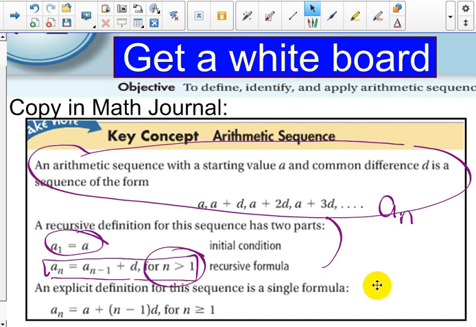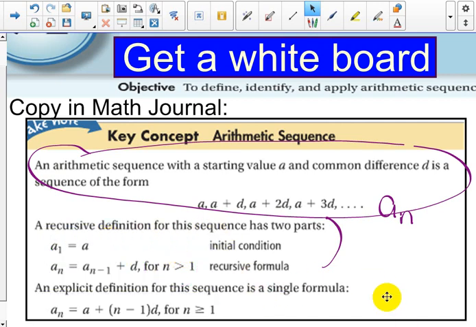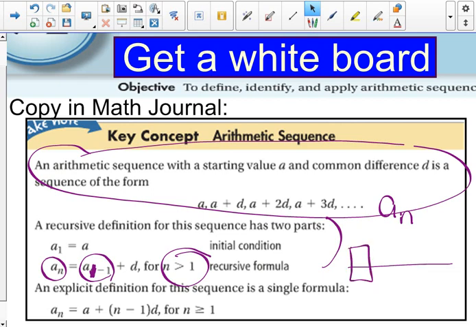Okay, so let's just look at the definition, and then I'll go into the lesson here in a second. So a sub n equals a sub n minus 1, n greater than 1. Why do you think they said n must be greater than 1? Because if I put a 1 there for n in the recursion, what do I have? I have a 0 element, a 0 term, which doesn't exist. And remember, with recursion, you define your first element.